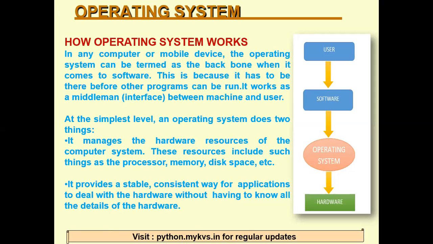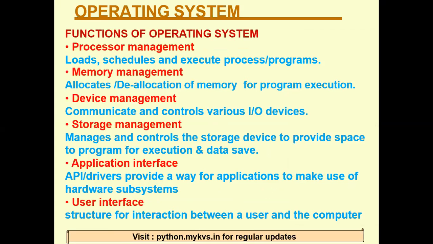It manages the hardware resources of the computer system, and these resources include things such as processor, memory, disk space, etc. It provides a stable and consistent way for applications to deal with the hardware without having to know all the details about the hardware. So it's basically an interface between the hardware and the software.